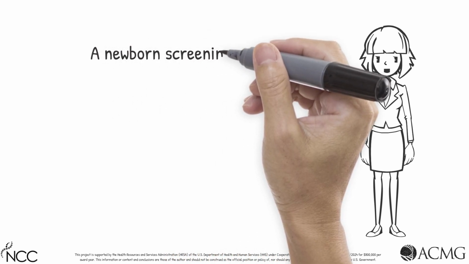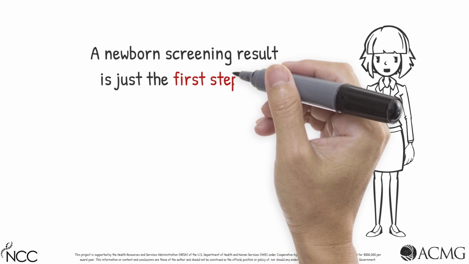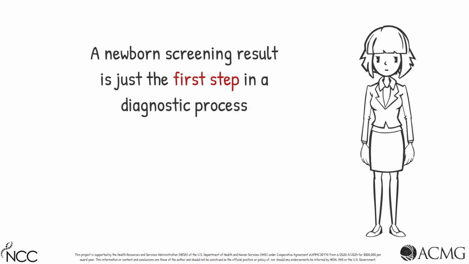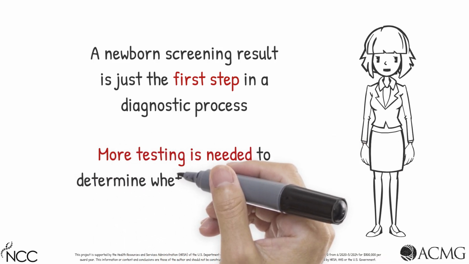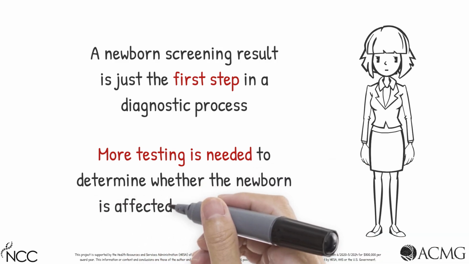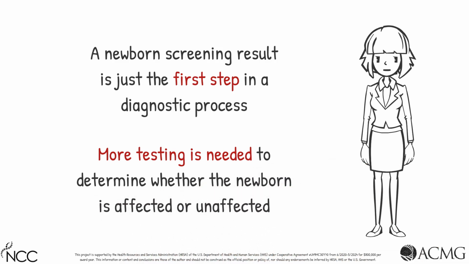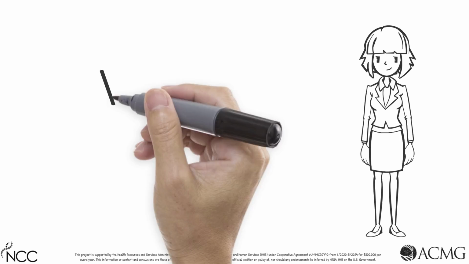Please keep in mind that a newborn screening result is just the first step in the diagnostic process. Further testing and evaluations are needed to determine if the newborn has the disease, a true positive result, or is unaffected, a false positive result.